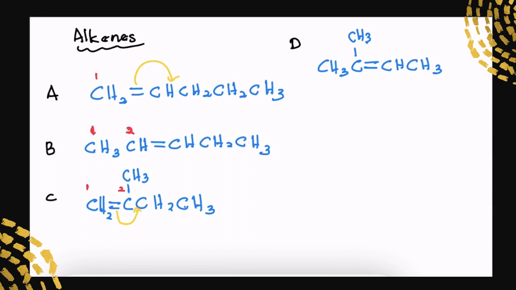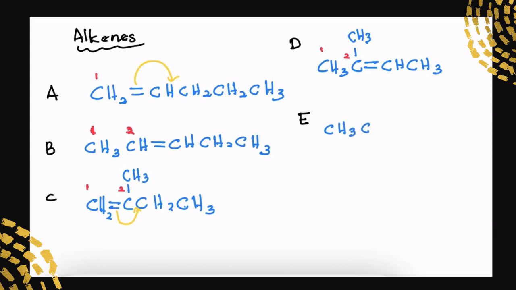If we can see, this is carbon number 1, this is carbon number 2. At carbon number 2, we have the double bond. At carbon number 2 also, we have a substituent. So it is different from C. Maybe we can still propose the same compound.